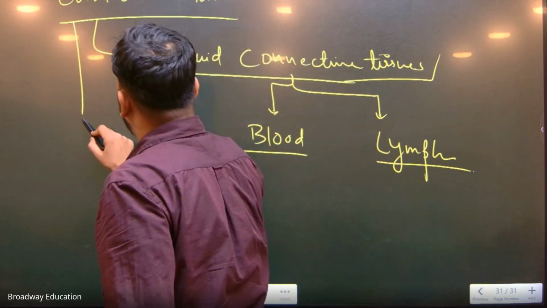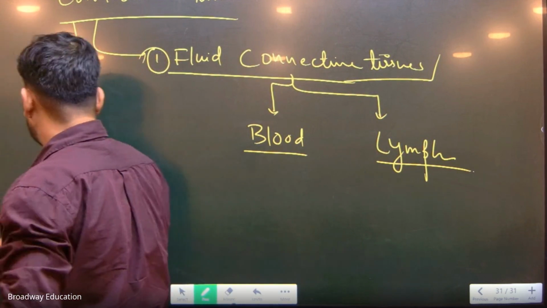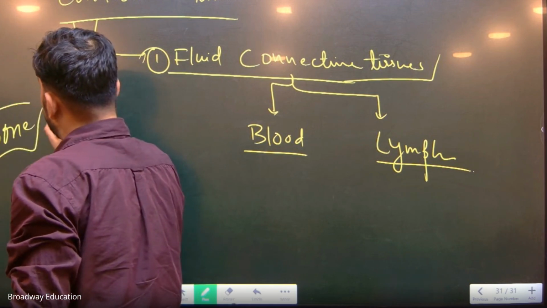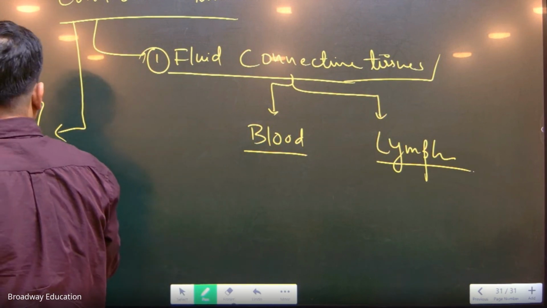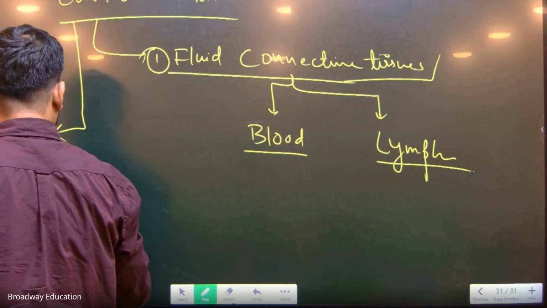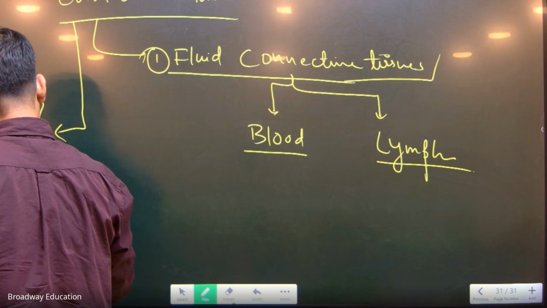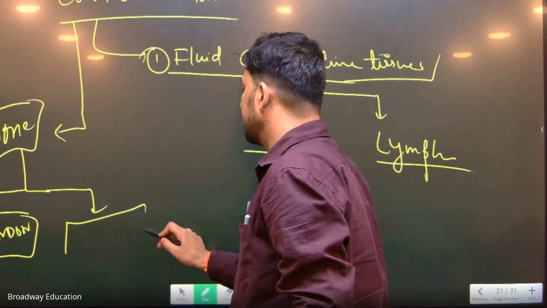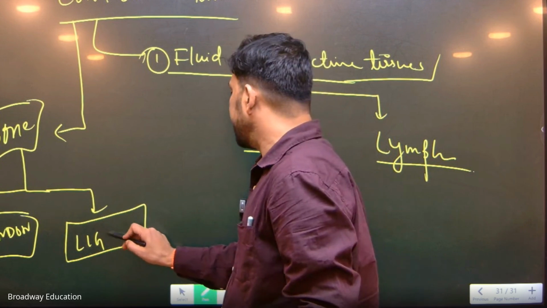Then here we have another, we call this bone, which is further divided into two parts: tendon, ligament.